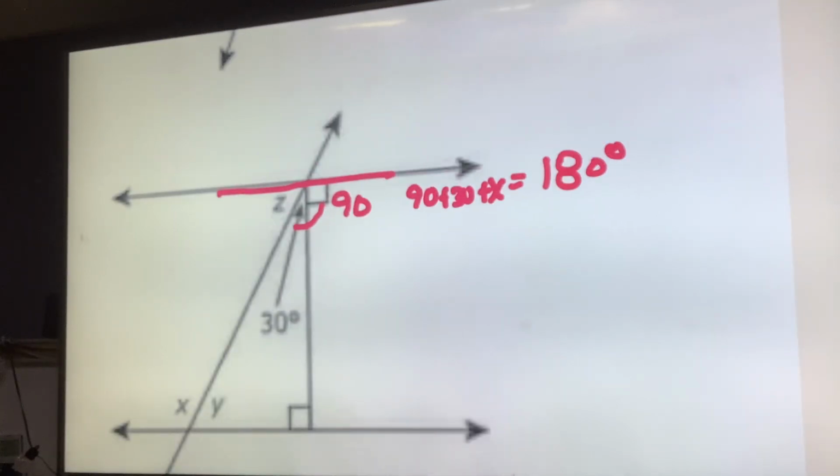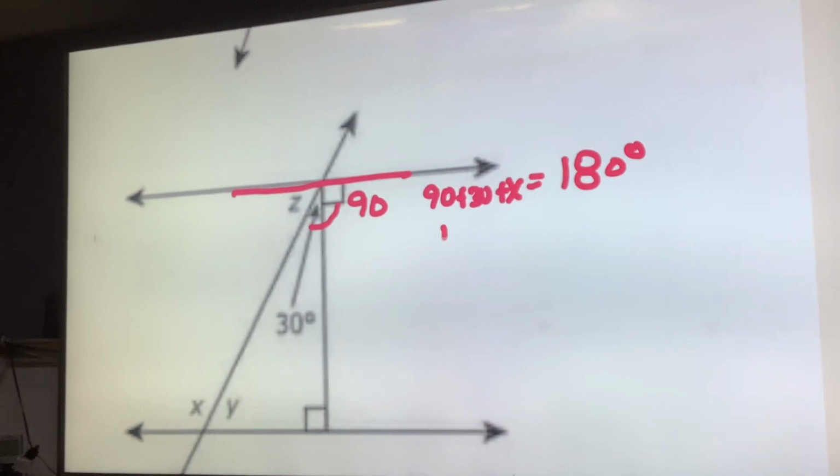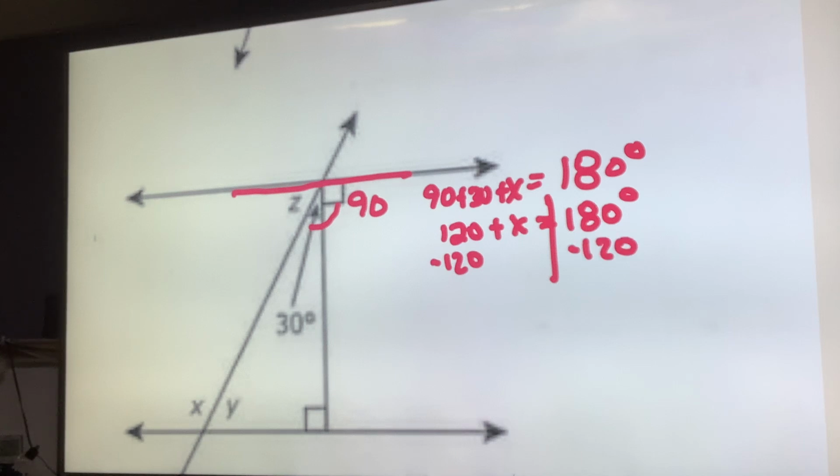So if I have 90 plus 30, that gives me 120 plus x equals 180. I am then going to subtract 120 from each side, and I am going to get x, or we're going to change it to z, is 60. So I already know my z is 60.